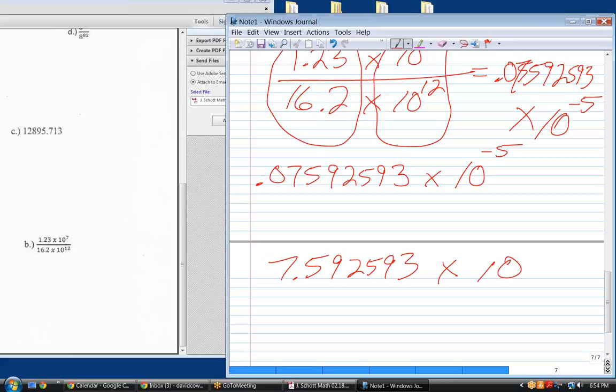No, two, I think. 2. And we moved it to the right. Oh, so 10 to the negative seventh. There you go. In other words, we have to subtract 2 from this one because we moved it 2 spots to the right. Remember, if you move to the left, you add. If you move to the right, you subtract.